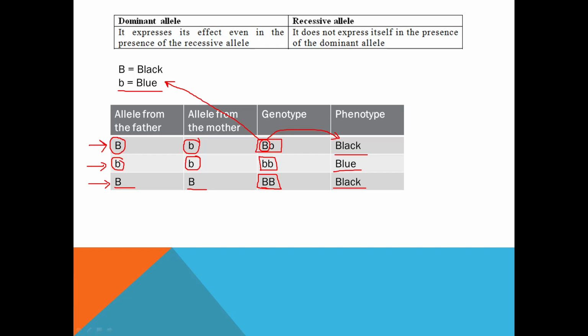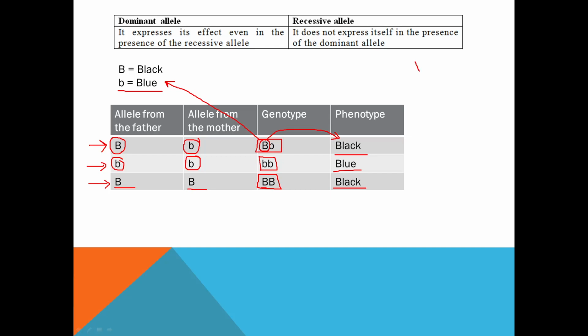One thing to consider, sometimes there could be a case where there's codominance. For example, in flowers there could be two dominant alleles at the same time.